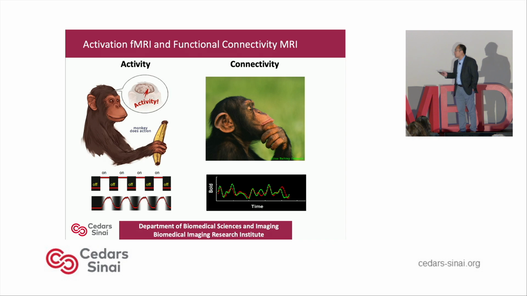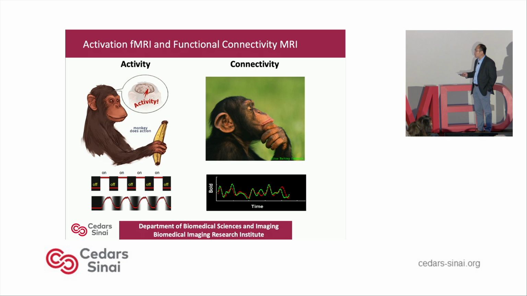That's the so-called functional connectivity principle, and that's how we define functional networks. Basically, a set of regions that show synchronized brain activity during a particular period of time, we call them a particular functional network.